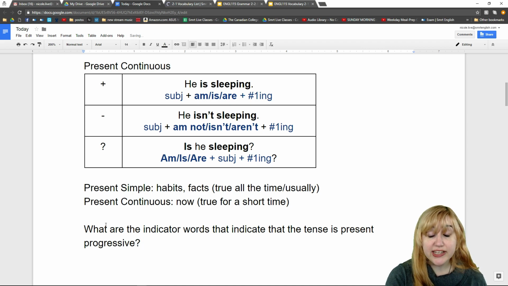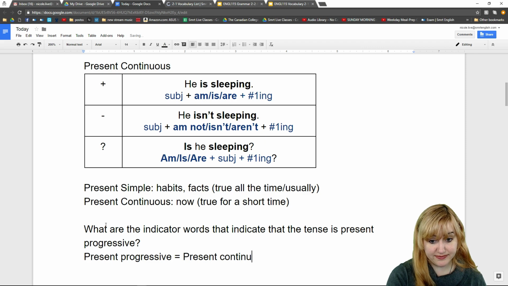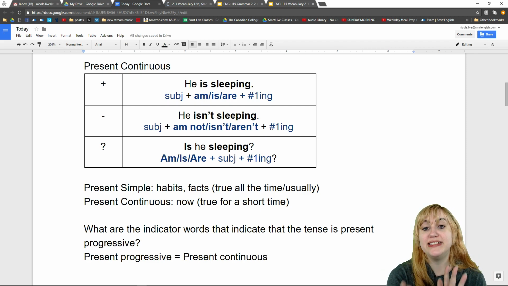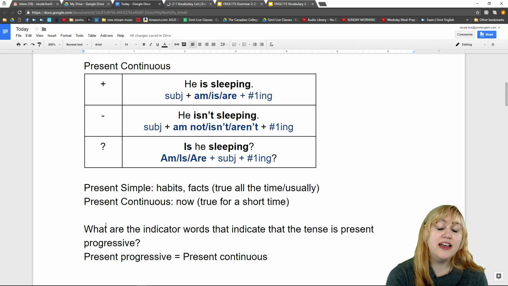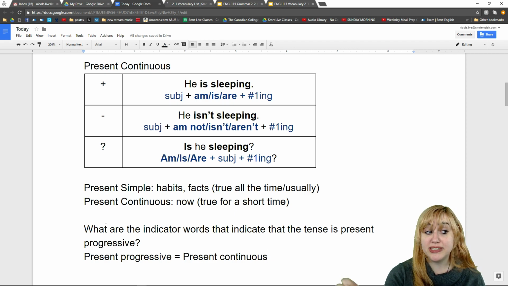So first, if you don't know, present progressive is the same thing as present continuous. Some grammar books use the word present progressive and others use present continuous, but they're the same meaning. Okay, so if you didn't know that, that's okay, anybody who's watching.